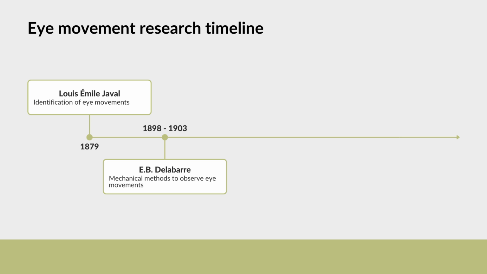His method involved attaching something to the eye and using that mechanical mechanism to transfer through a string over pulleys to a recording arm, the eye movements being observed. With this, Delabre was able to observe the major eye movements, but not able to observe the smaller eye movements. Invariably, this approach was rather impractical because it didn't allow for the observation of eye movements in natural settings.